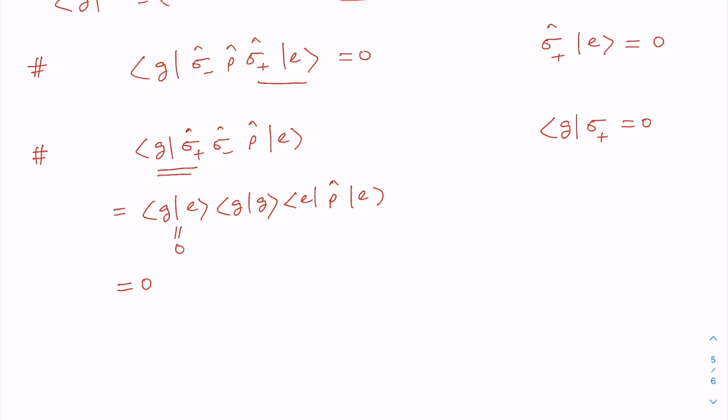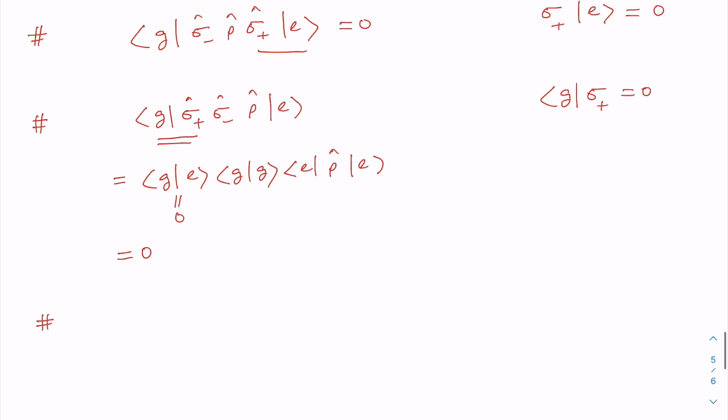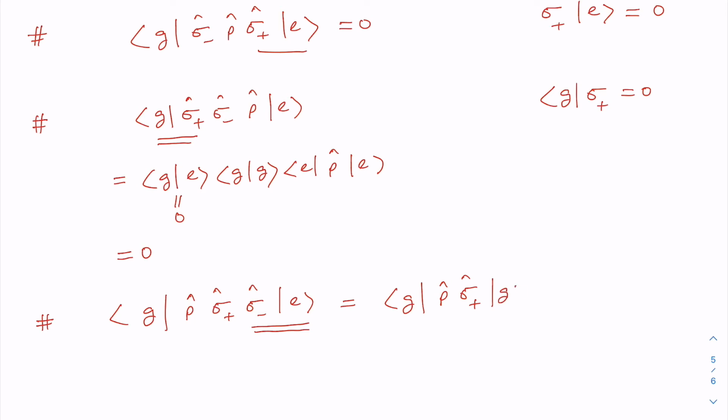Now let us look at this term, that is z rho sigma plus sigma minus e. Now when sigma minus, the atomic lowering operator, acts, it will lower the excited state to the ground state, so we will have z rho sigma plus z here.